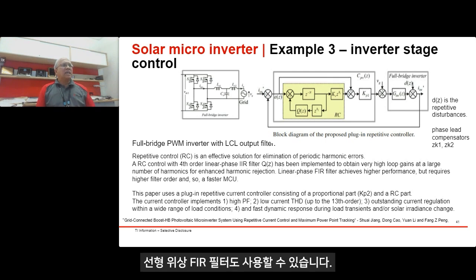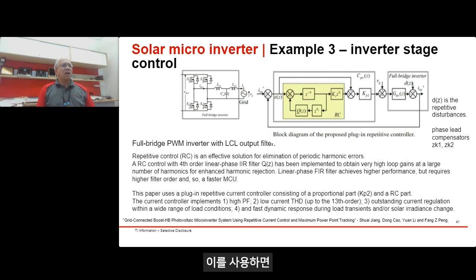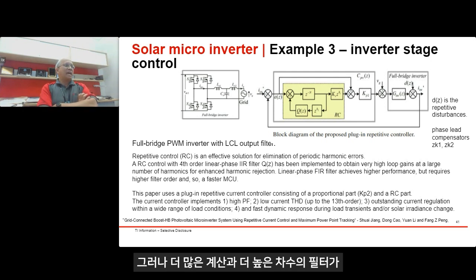A linear phase FIR filter can also be used, and it can implement higher performance, but it requires higher filter order and a lot more calculation, and maybe a faster MCU can implement that kind of thing.